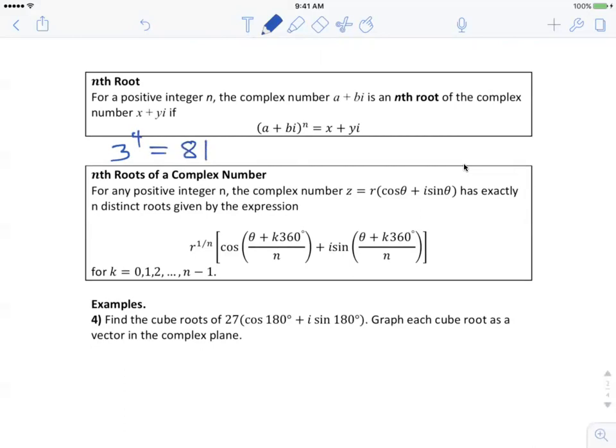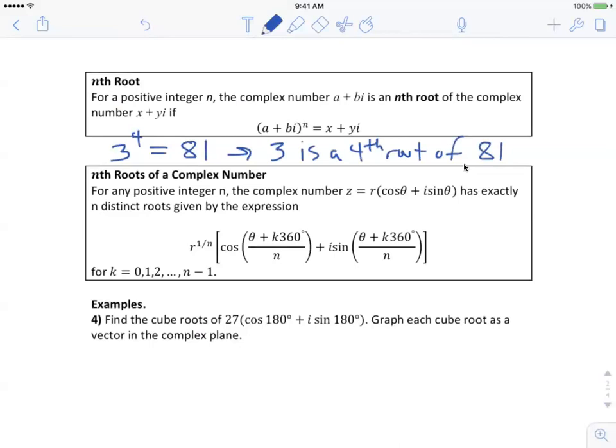That's a fact. What you can say then is that 3 is a 4th root of 81. So if you take a number to the 4th power to get 81, then that number is called a 4th root of 81.